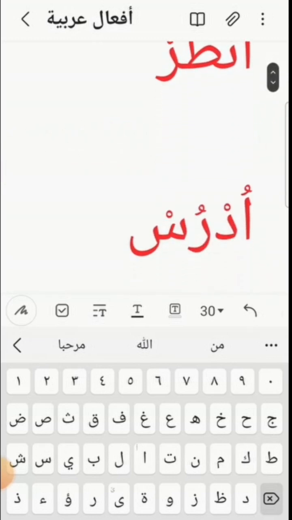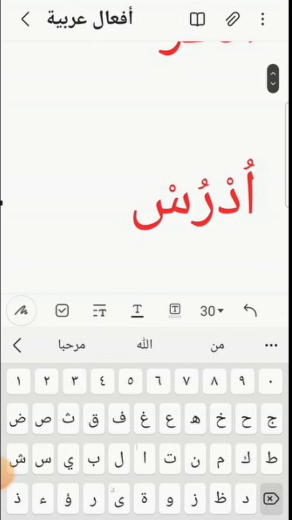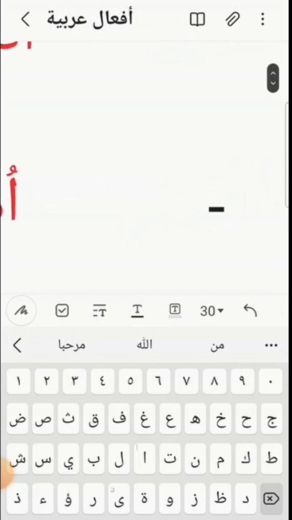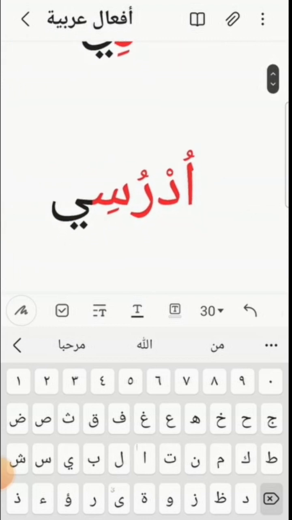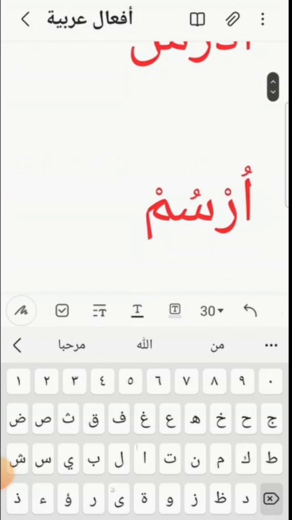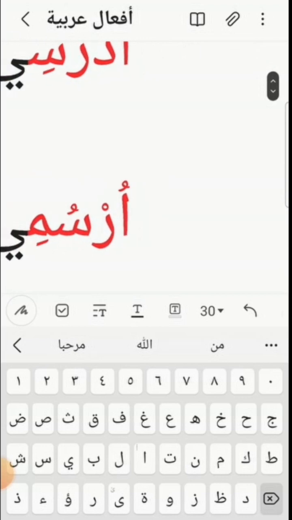The next one, ادرس, study. So I can say for a male, ادرس القرآن, study the Quran. For a lady, I would say ادرسي القرآن, study the Quran. So we add the E. And then ارسم, draw, for a lady would be ارسمي.